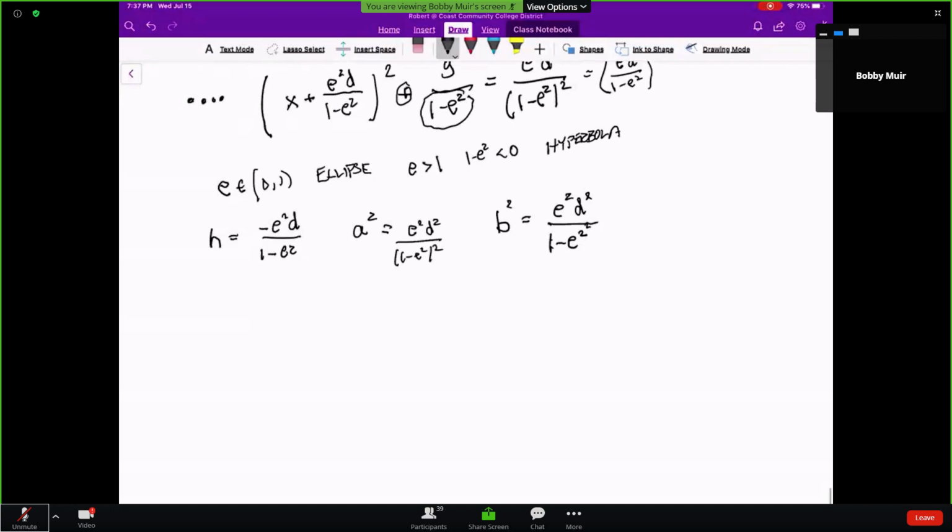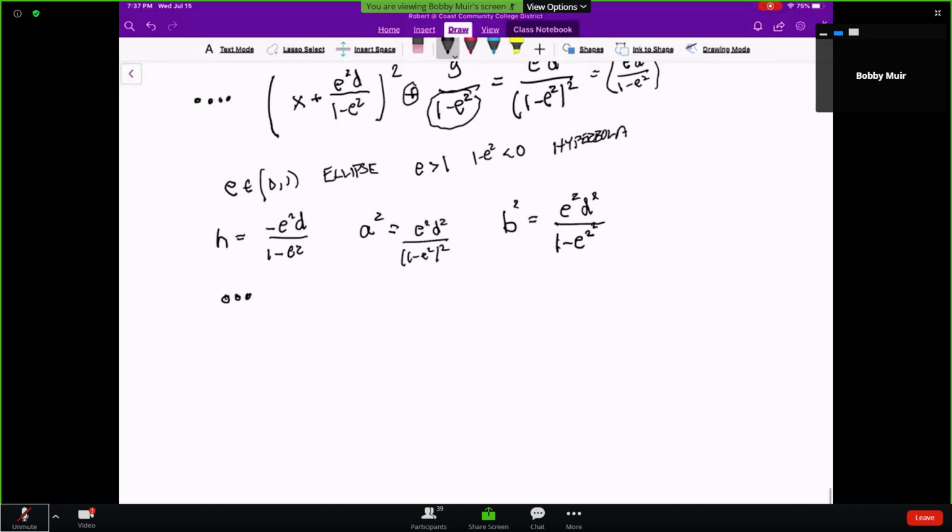So from this, he continues through and ends up with this C over A. Okay, now A was the bigger of the two numbers and C was the distance from the focus. So this is kind of an important thing to recognize.